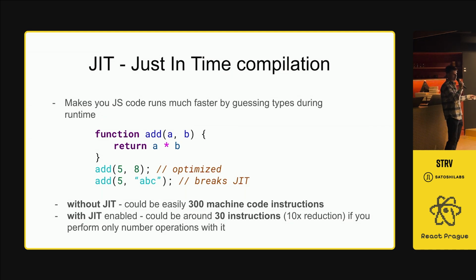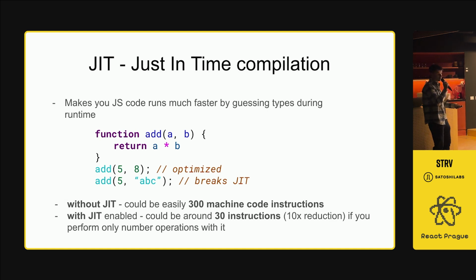So this is something you need to think of when you are designing your code. You may have some utility functions that are used in different contexts, but with different types, and sometimes it may be better to have two functions and use them in different contexts. But it always depends.